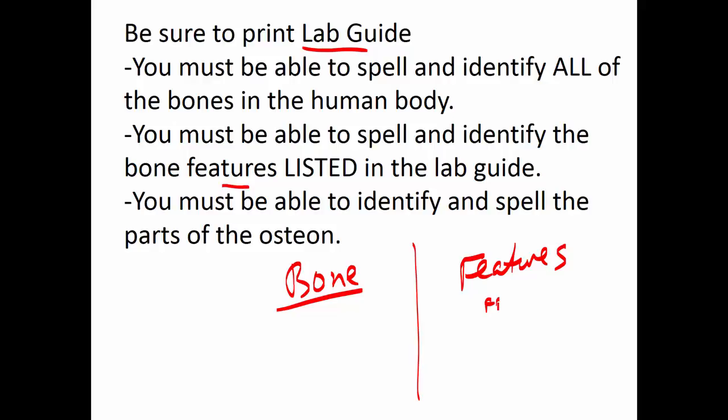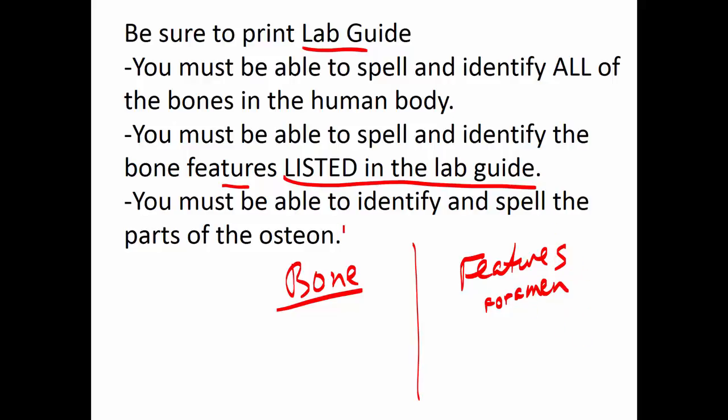So things like trochanters, foramen, a meatus, all the different features. Now, your textbook lists hundreds and hundreds of features. You only have to learn the features listed in the lab guide. And so as we go through the videos, we will point out those features. So don't go learning a lot of features you don't need to know, just the ones that either myself or Miss Graham point out in our videos.